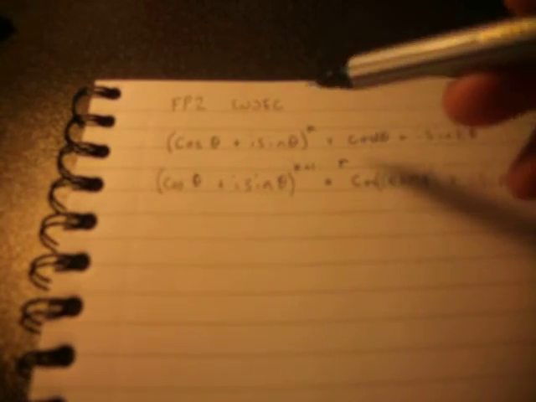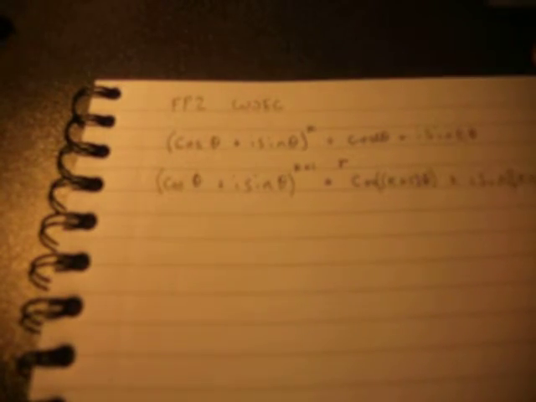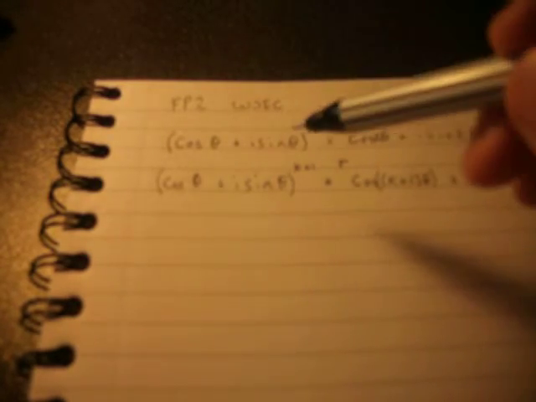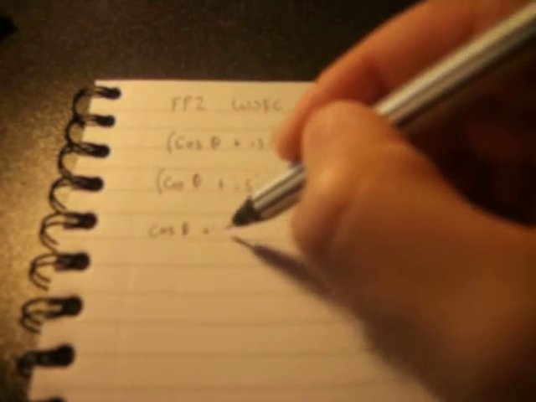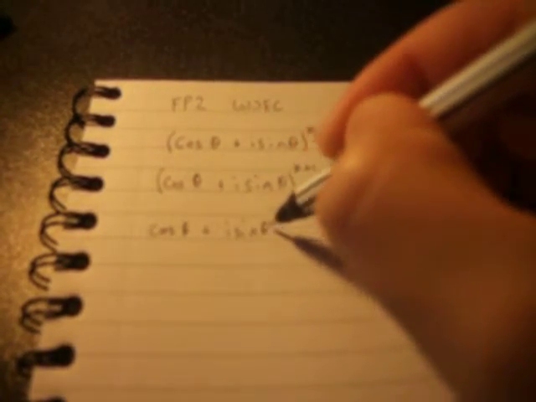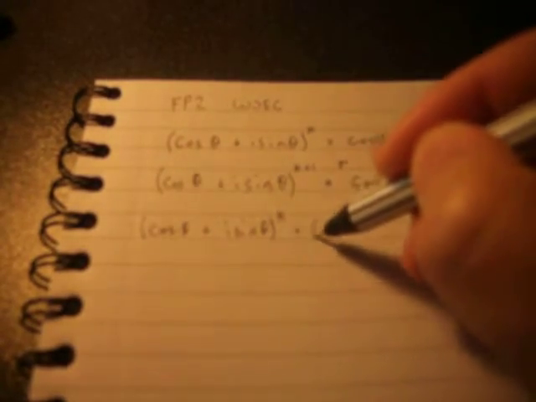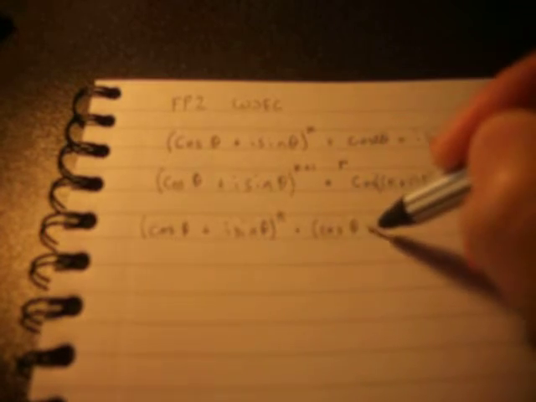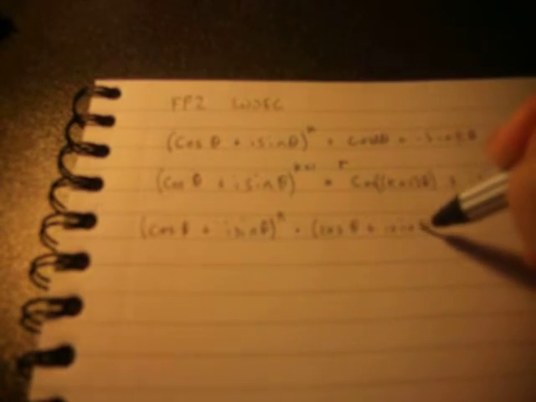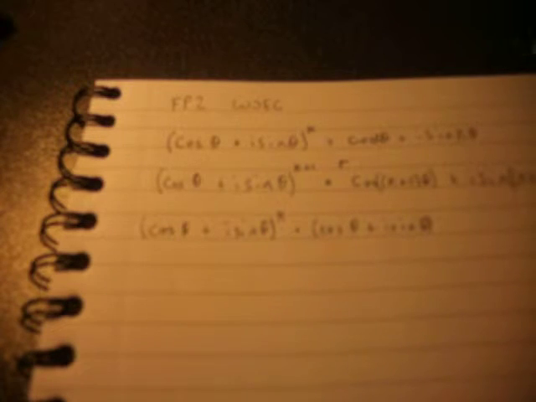So if we're going to start with our (cos theta plus i sine theta) all to the k plus 1, we need to remember our laws of indices, which says that this is equal to (cos theta plus i sine theta) all to the power k multiplied by (cos theta plus i sine theta) to the power 1.